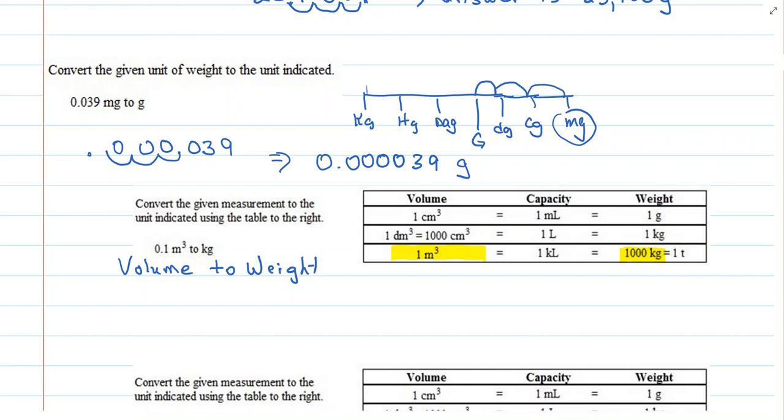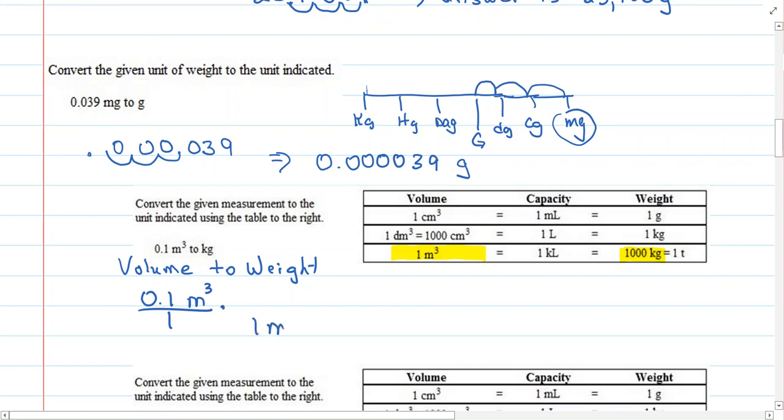So here we go. We're going to have the 0.1 meters cubed over 1, and we're multiplying by 1 meter cubed is 1,000 kilograms. All right, so this cancels our meters cubed, and I'm going to have the 0.1 times that 1,000. So that gives me 100 kilograms.